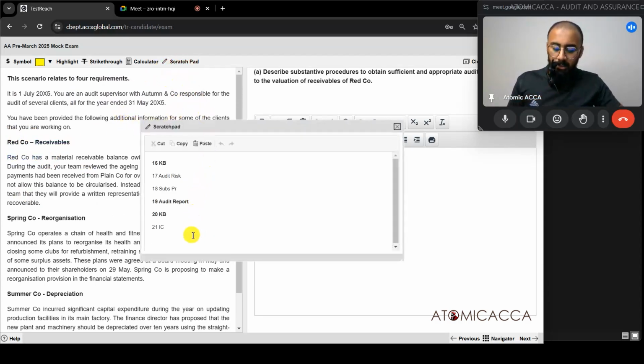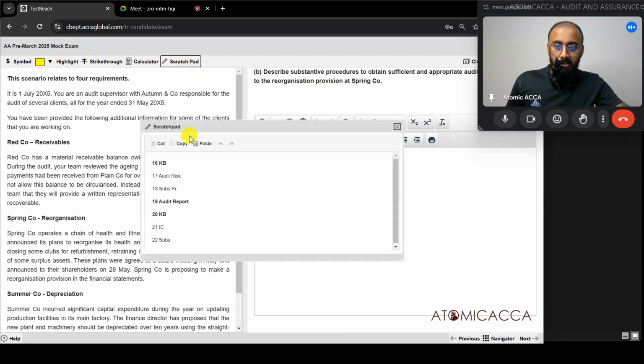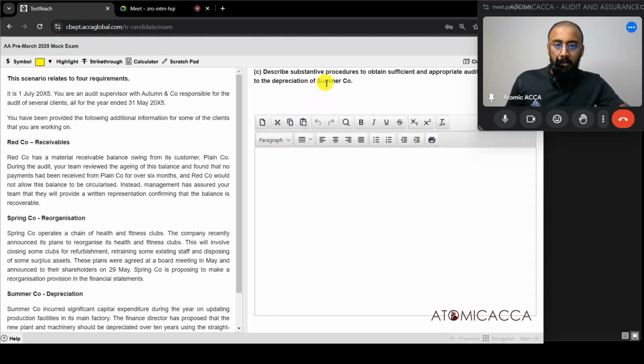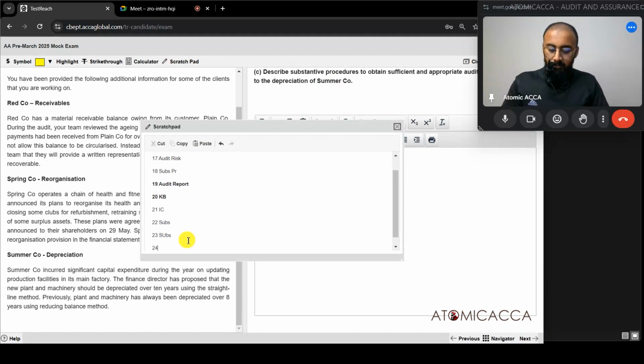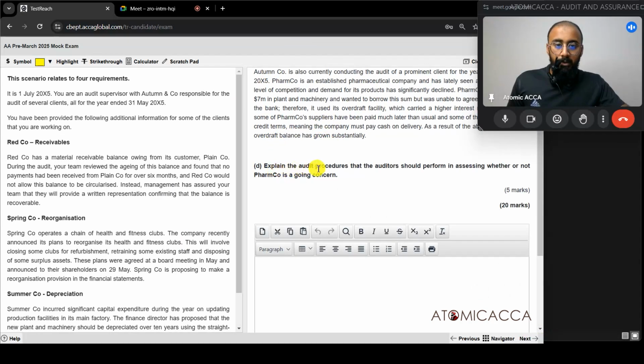So 22, 23 and 24 are substantive procedure, describing audit procedures.